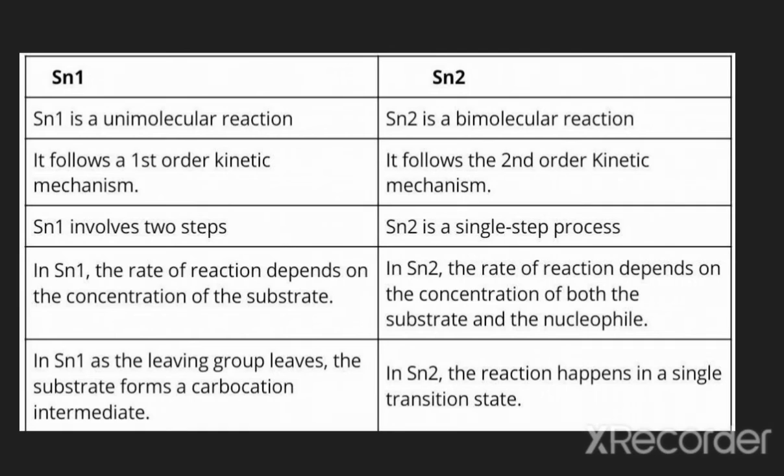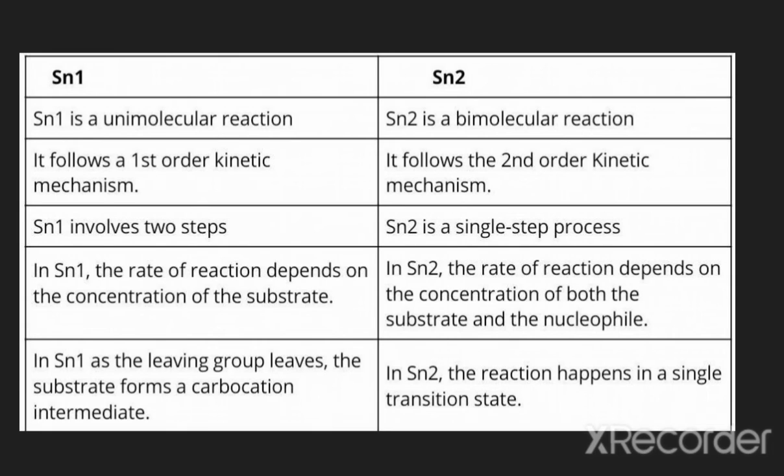The next point is that in SN1, as the leaving group leaves, the substrate forms a carbocation intermediate. In the SN2 reaction mechanism, the reaction happens in a single transition state.